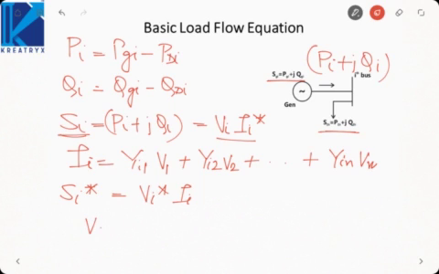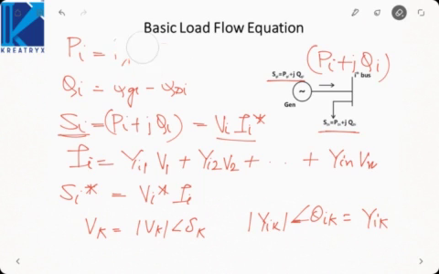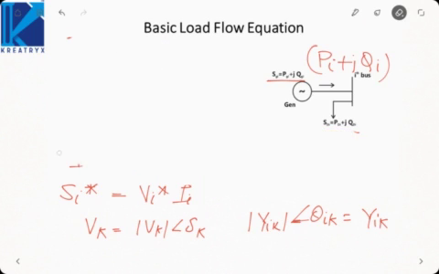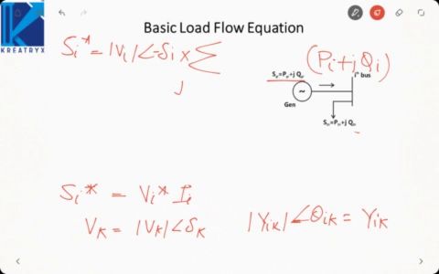Now here we will represent the voltages as Vk equals mod Vk angle delta k, and the elements of the bus admittance matrix Yik will be mod Yik angle theta ik. So now if we wish to calculate SI conjugate, it will be mod Vi angle minus delta i into II, which is the sum over j equal to 1 to N of mod Yij mod Vj angle delta j plus theta ij.